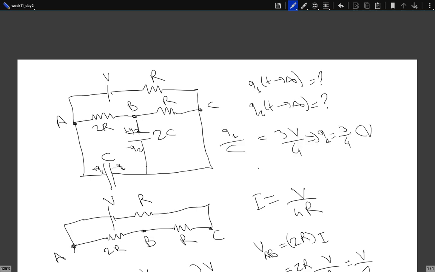What is the potential difference across this capacitor? It's just VBC. Well, it's just Q2 over C. This is equal to VBC, which is just V over 4. So Q2 is 1 over 4 times CV.